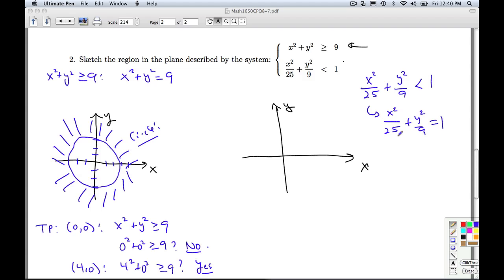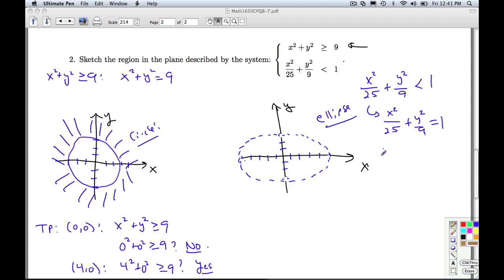We go 5 in the x direction from the center and 3 in the y direction from the center. And I really shouldn't be filling these dots in because it's a strict inequality. That means when I go to graph the curve, I'm going to be dotting it in or dashing it in. Okay, so that's an ellipse.